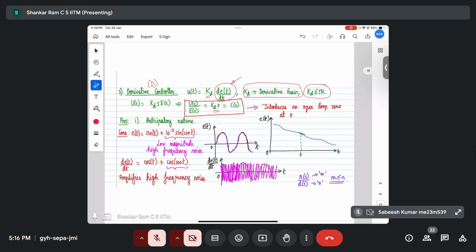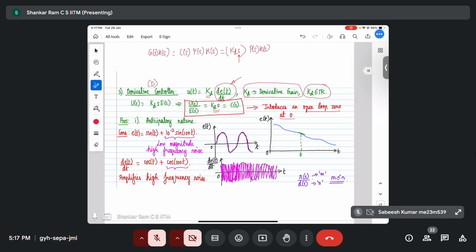Same thing: if we take G(s)H(s), which is C(s) times P(s) times H(s), and the controller transfer function is Kd times s, then we introduce an open loop zero at the origin. That's what happens with the derivative controller. And please note, the derivative controller as an individual block is not proper. It is an improper transfer function.